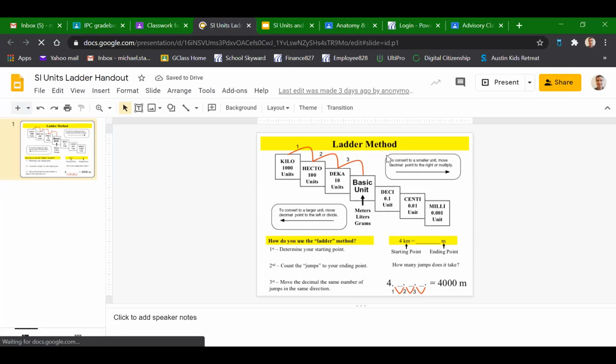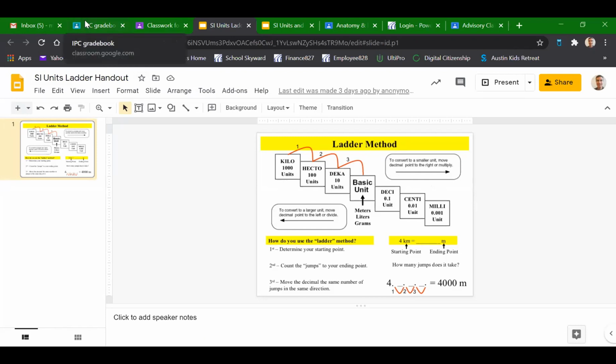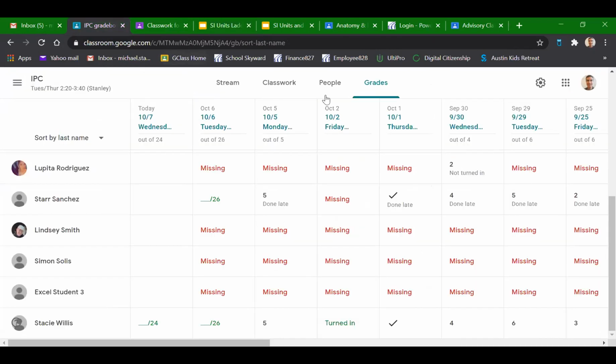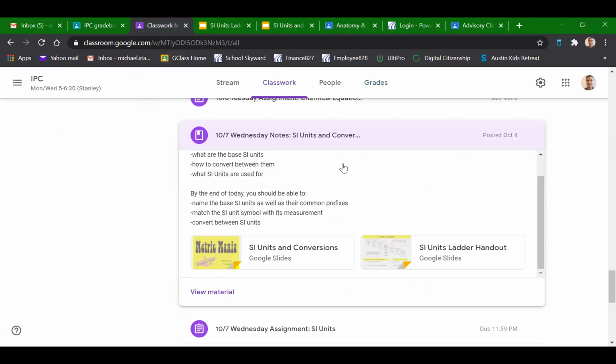So feel free to open this slide up at any point if you want to look at the ladder and use that to help you figure out some of the different conversion questions that you may be facing in the future.